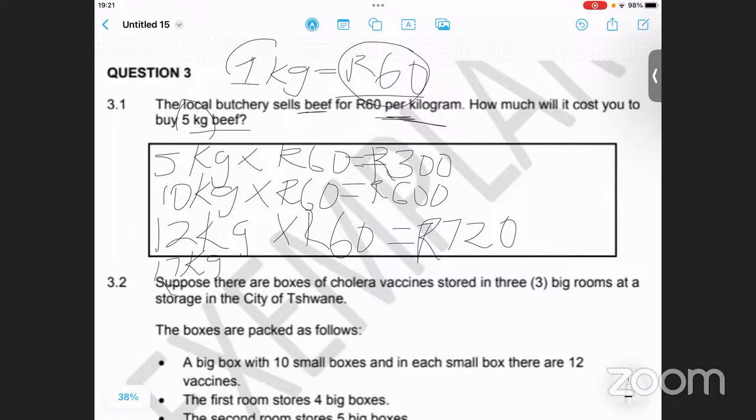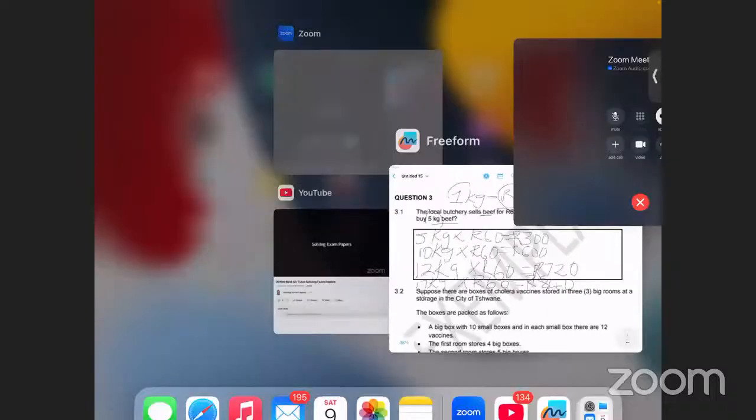You would say 17 multiplied by 60, which will be 840 rands. 840 rands. Let's see, okay, we are still 4.